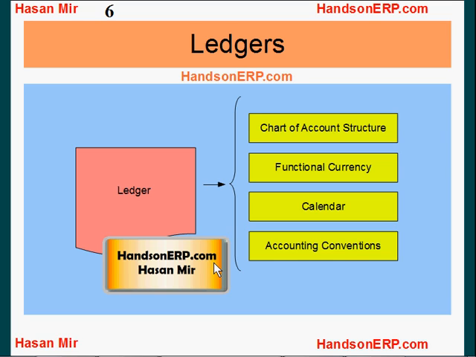So if you have 5 companies to implement, first thing you look at is, are all the 5 companies following the same 4 C's? Then you can put them in the same ledger. Fifth thing you look at is the ledger options, which are basically attributes you define at the ledger level, for example which retained earnings account to use, which suspense account to use, and so on.